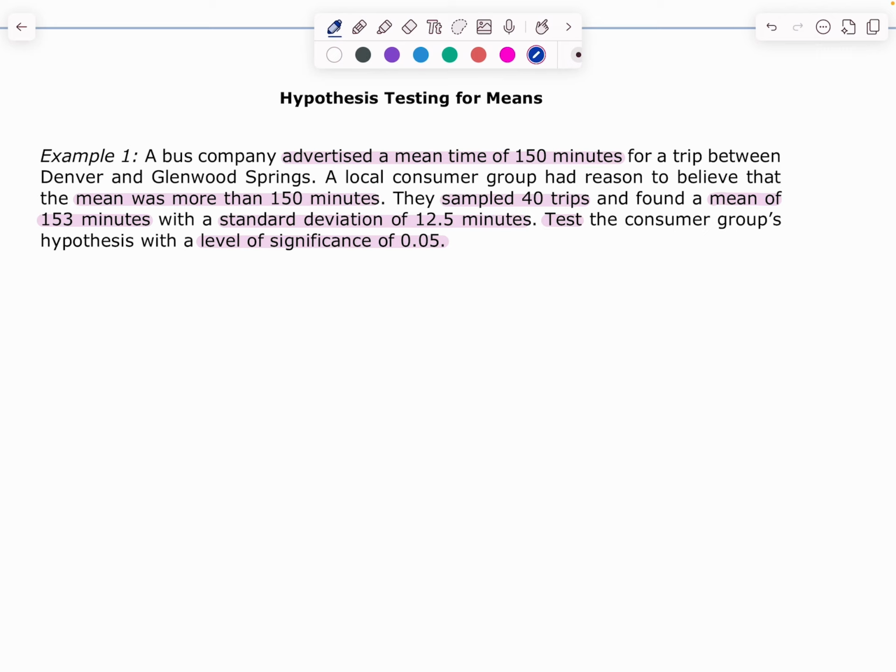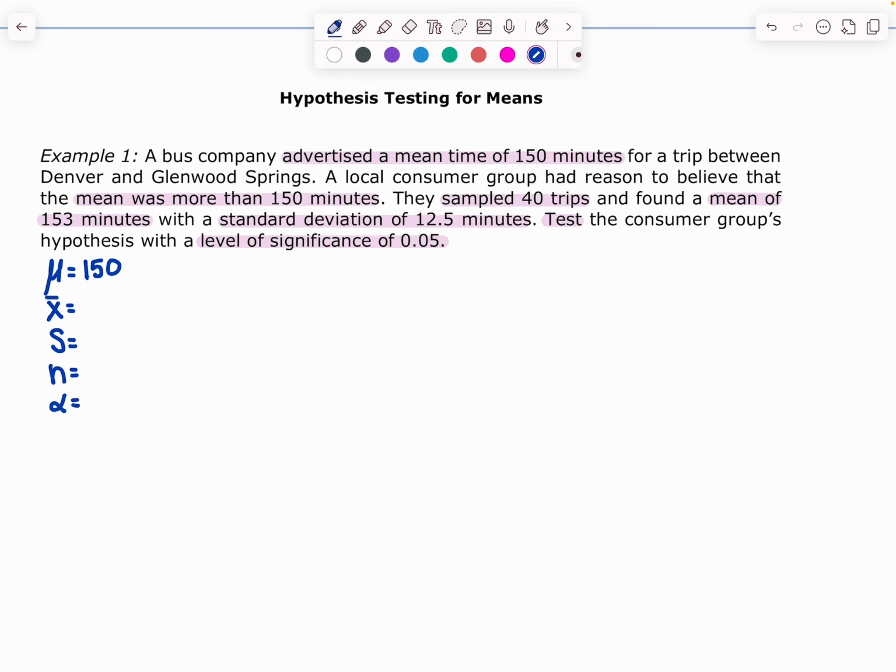All right, so the first thing I want to do is off to the side, I'm going to write mu, x bar, s, n and alpha. Those are the values I'm going to need for this hypothesis test. So mu is the previously stated mean, which in this case is what the bus company is advertising, so 150 minutes.